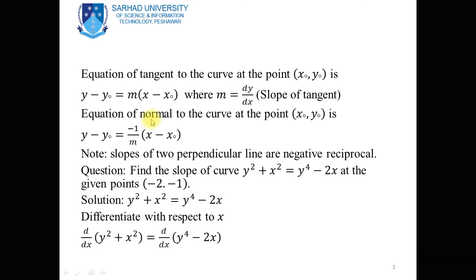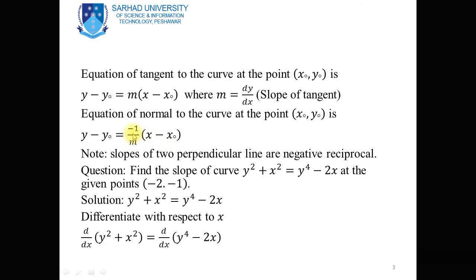Now, the equation of the normal line to the curve at the point x naught and y naught is y minus y naught is equal to minus 1 over m into x minus x naught. The slope of the tangent line is m, and the slope of the normal line is minus 1 over m, because we have already discussed that the normal line is perpendicular to the tangent line.